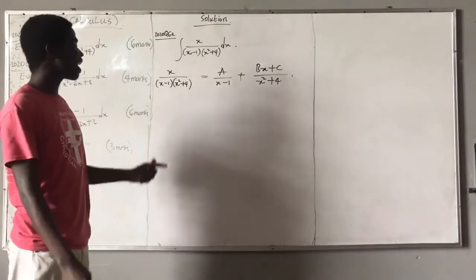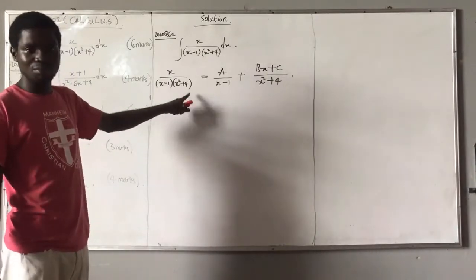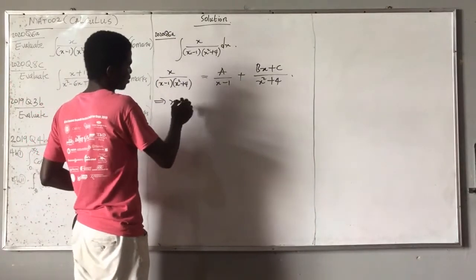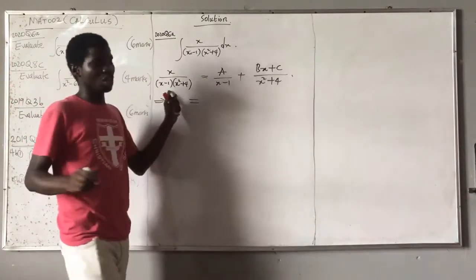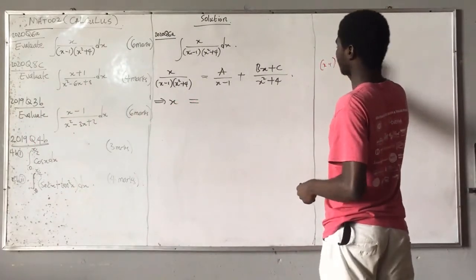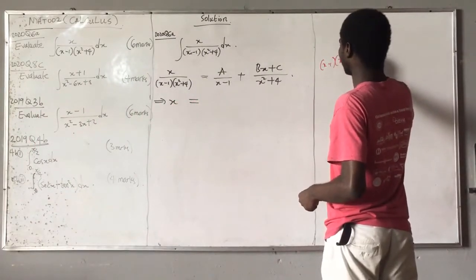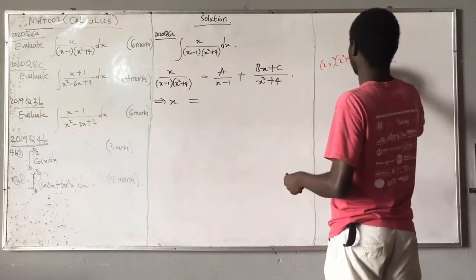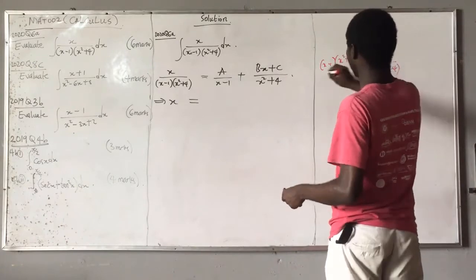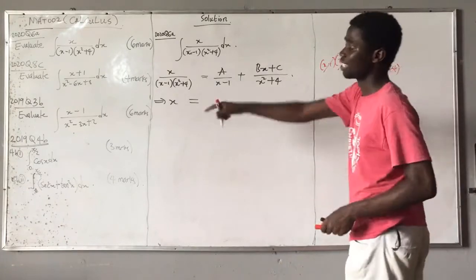Do you get that? So this one is all over s squared plus 4. Clear the fraction. Multiply through by s minus 1 times s squared plus 4. This one will be left with s, because look at what I'm multiplying with. So s minus 1 cancels, this one cancels, and you will be left with s.